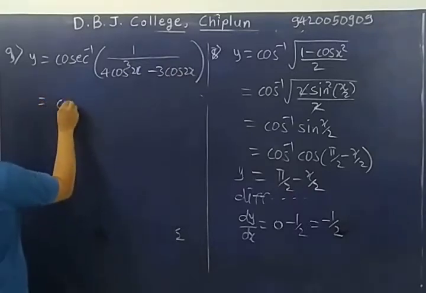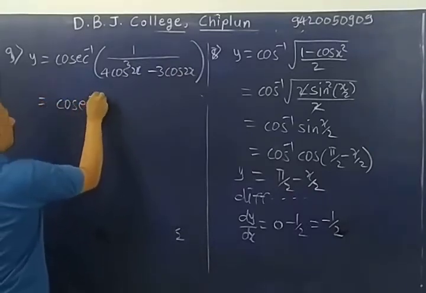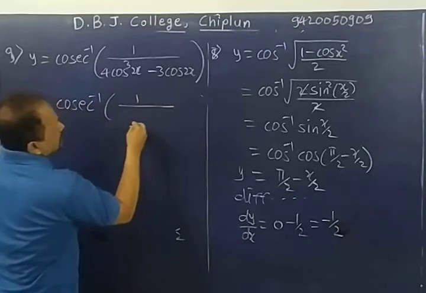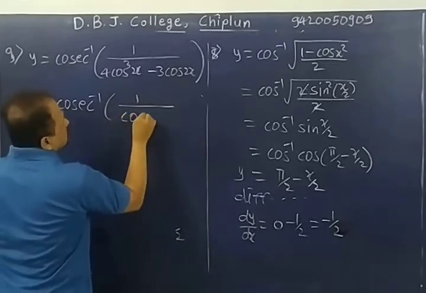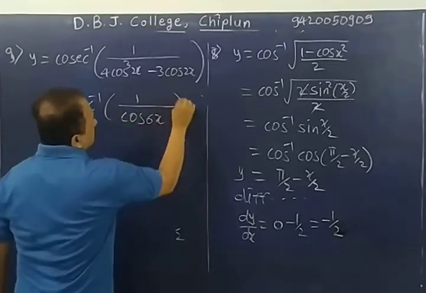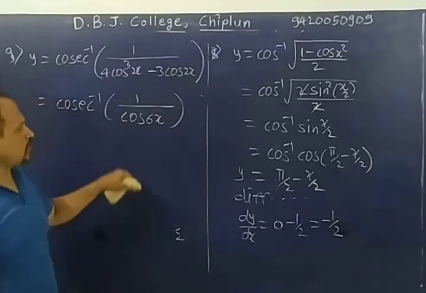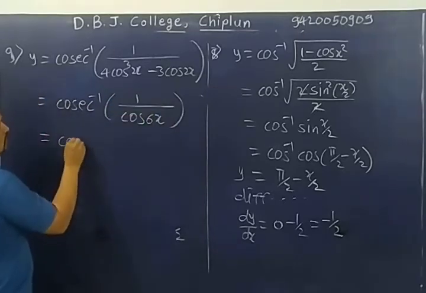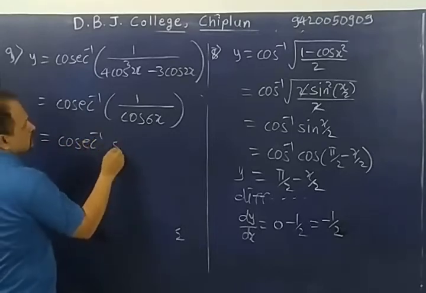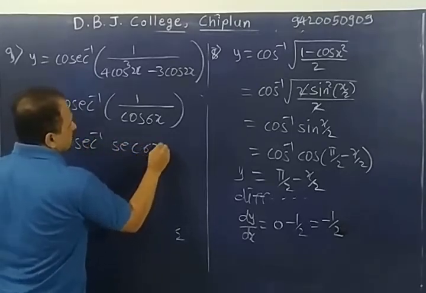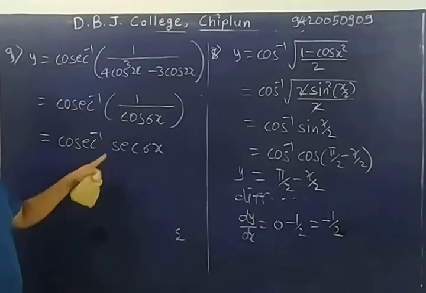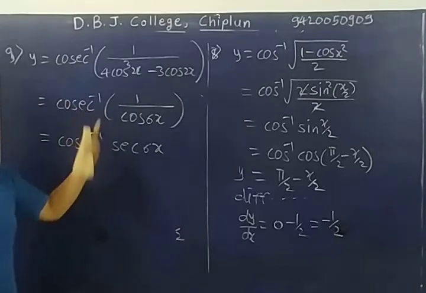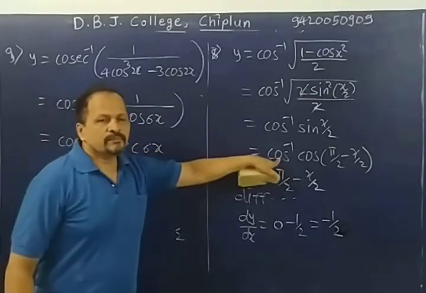So this is cosec inverse 1 upon cos 6x. Formula of cos 3 theta is involved here. Equal to cosec inverse sec 6x. I can convert sec to cosec like this.